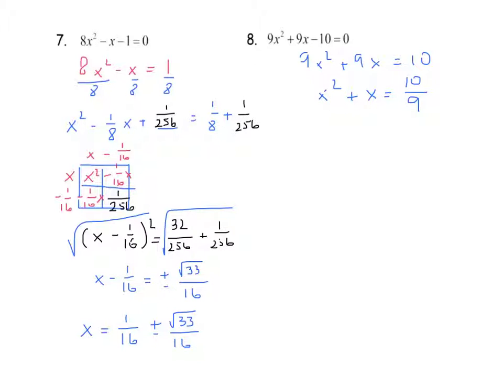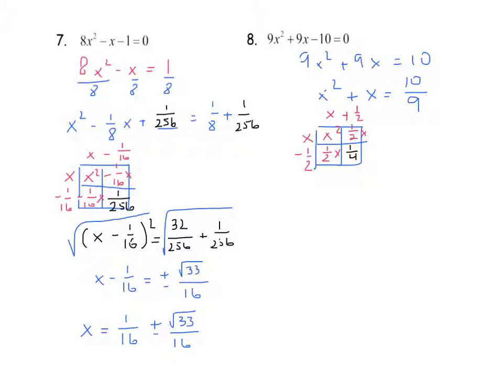So we are going to make our box and x squared, so the side lengths are x and x, and a half x, so the side lengths are a half and a half. And what goes in the last box is 1/4.